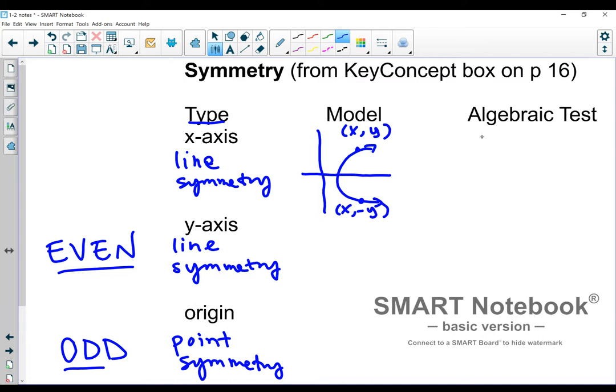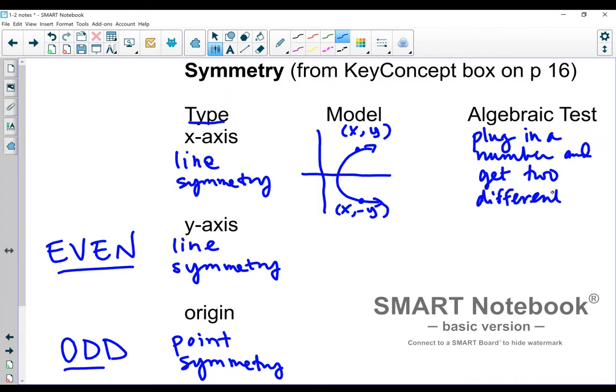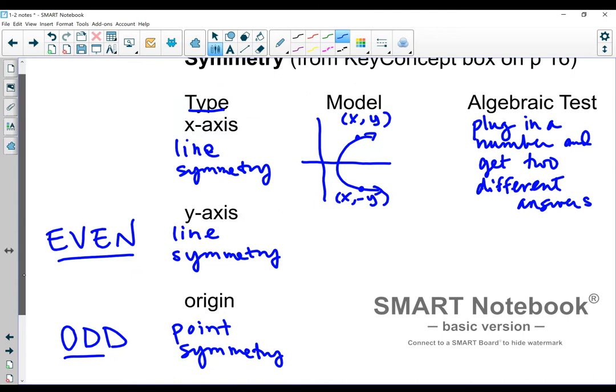So when we plug in a number, we get two different answers, which we don't really like in math. So that's why that's not one of those specific kinds of symmetry that we're concerned about, like even and odd, because it's not a function.